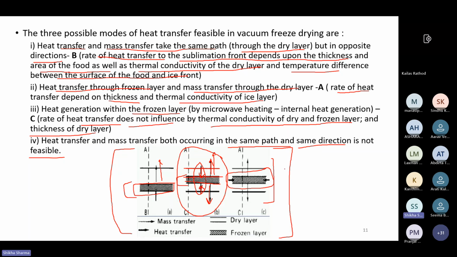Usually in vacuum, even at room temperature, the water starts evaporating.